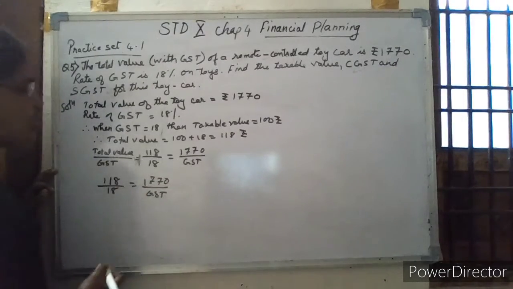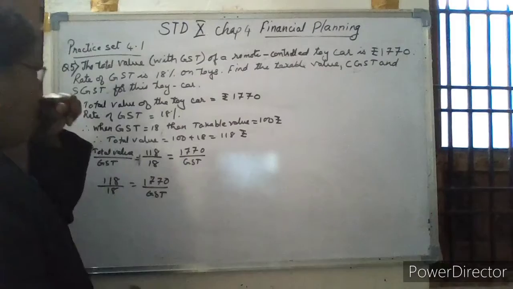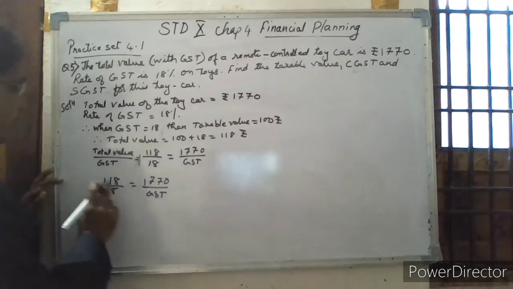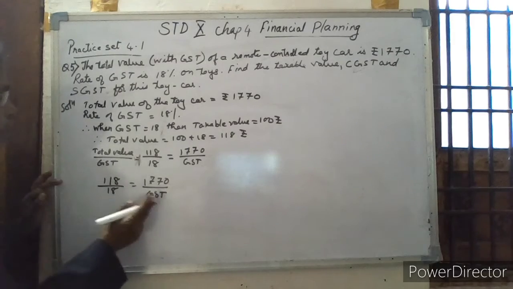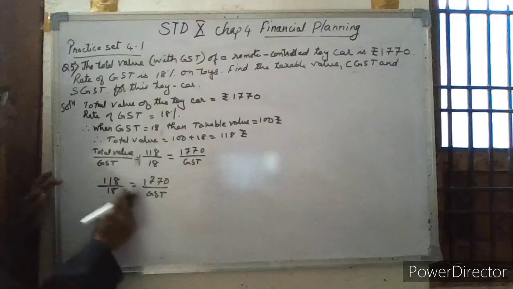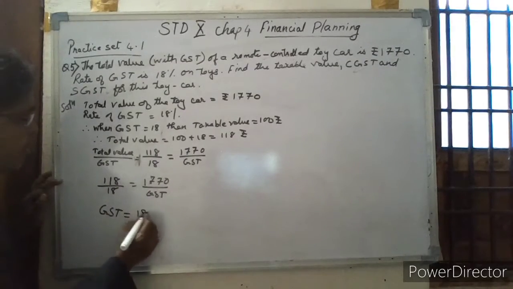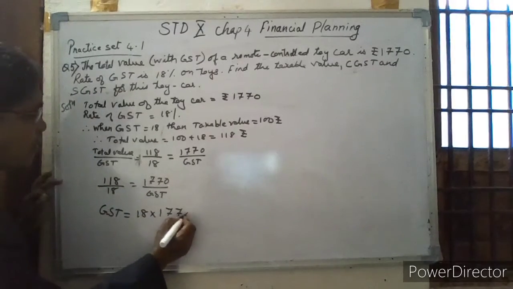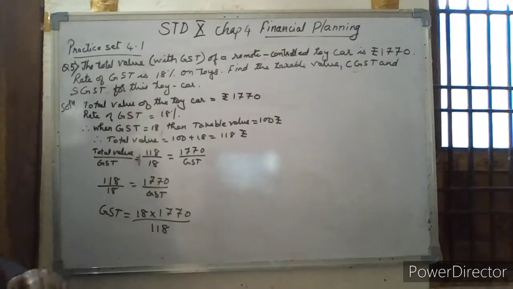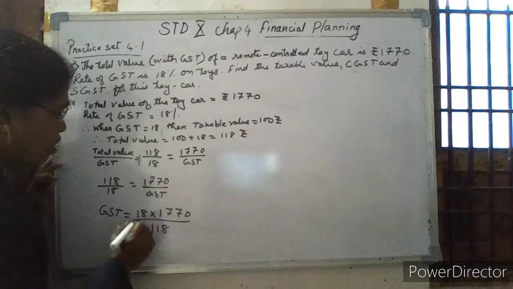We are finding out the GST paid on this total value 1770. So by cross multiplication, GST will be equal to, this cross you take, 18 into 1770 divide by 118. So here we can cancel it.